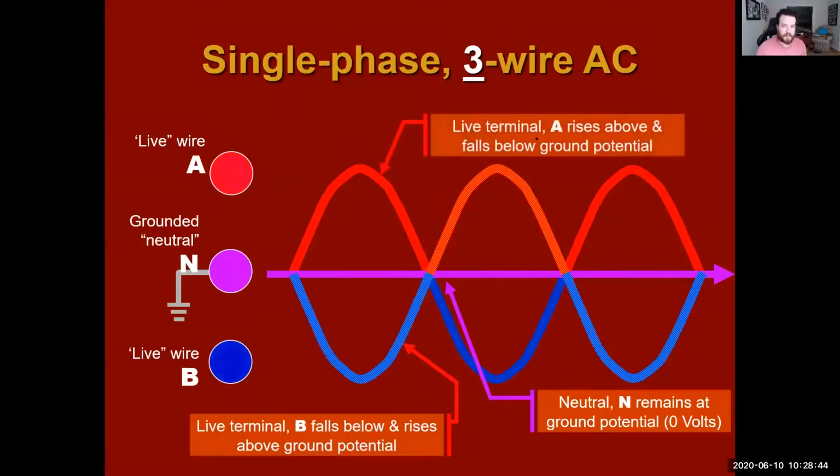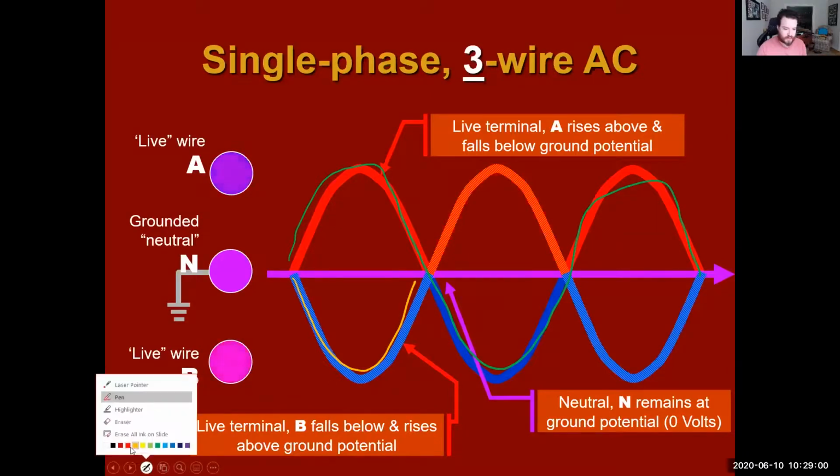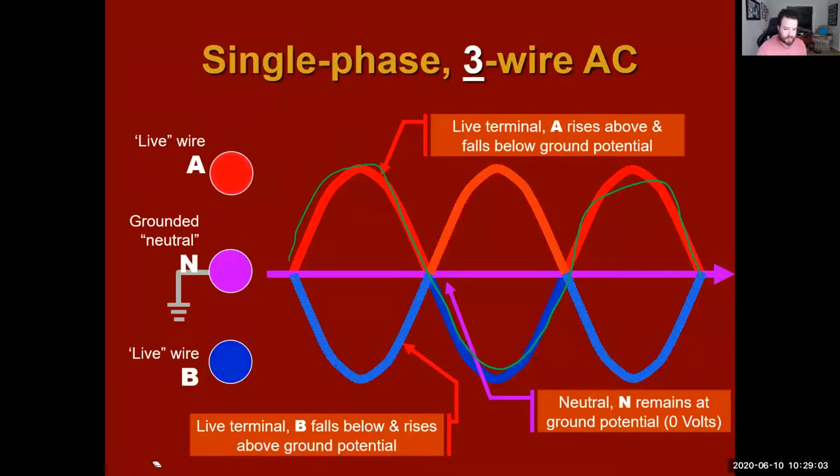So live wire A rises and falls below the ground potential. So A is going to follow this track that I'm drawing in green here, whereas B will be on the yellow track here. Let's not call it yellow because that's going to be hard to see. Do black. All right, and this is going to be B's track here.